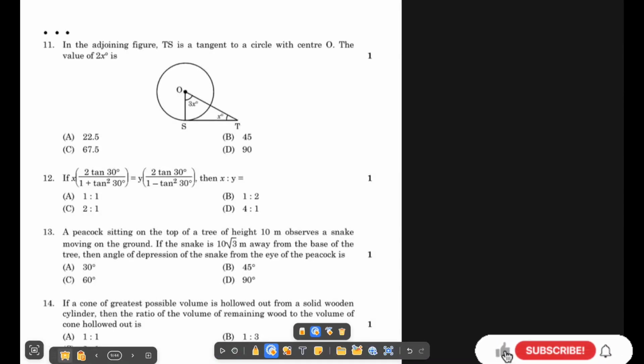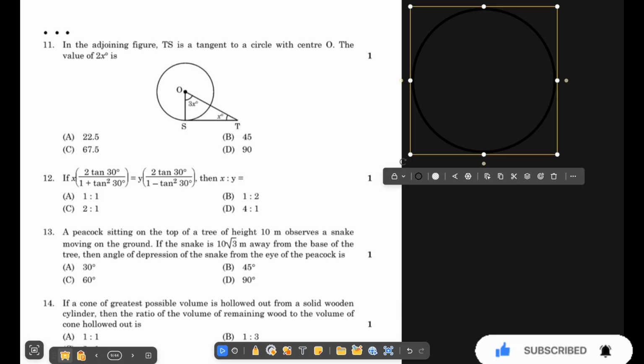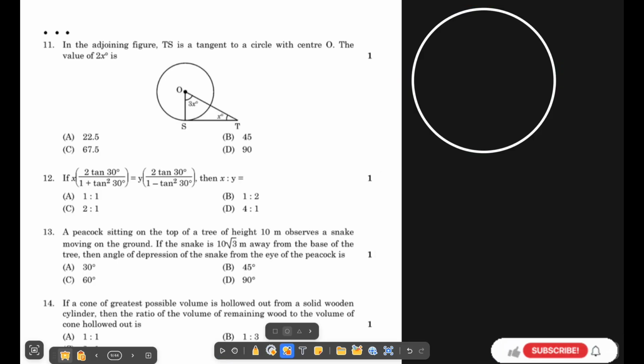So here the 11th question is, in the adjoining figure, TS is a tangent to a circle with center O. The value of 2x degrees is equal to what? So what is given here? There is a tangent TS.